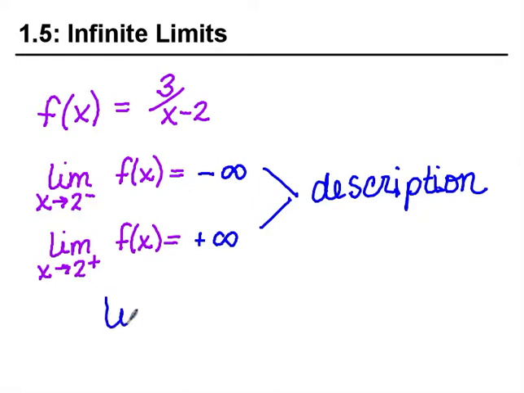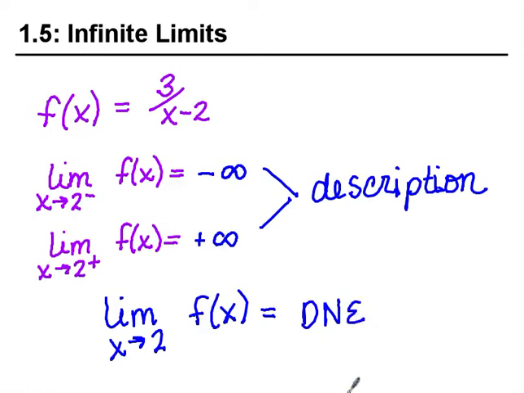Now, real quick, if I asked you this question, what would my answer be? This one would be DNE. Because why? Let's think about that. How did we find limits on graphs? What did we do?